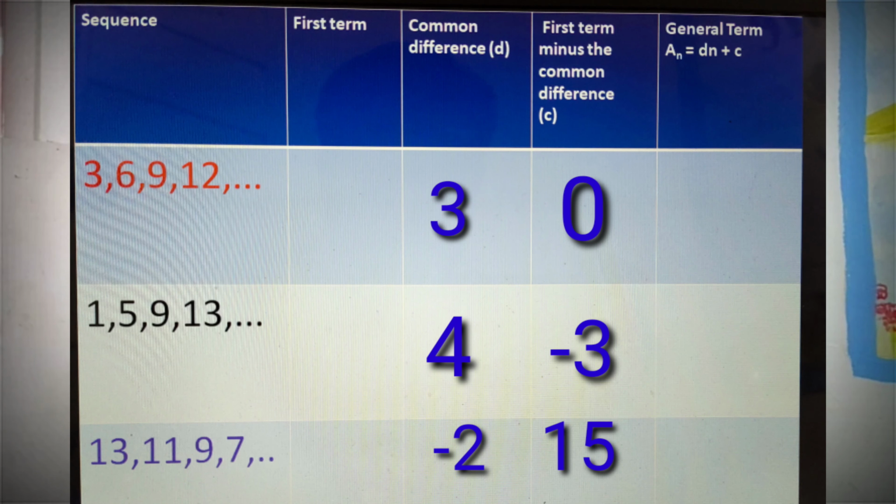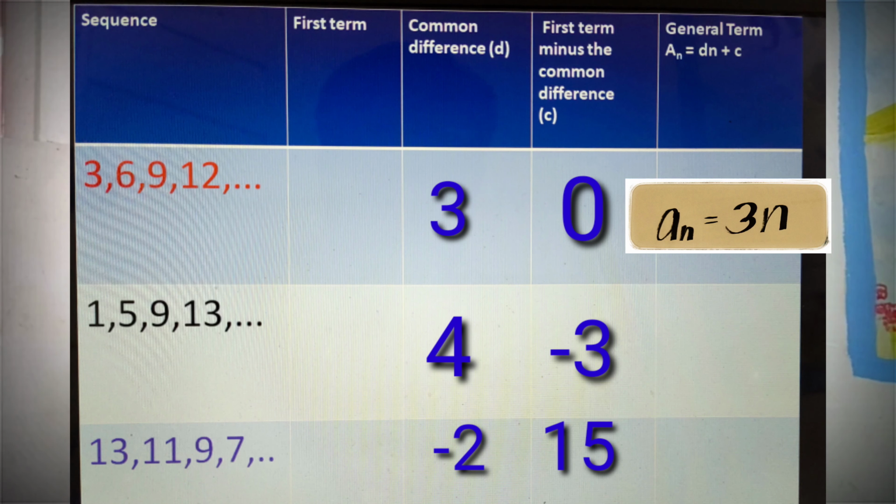Number 1, d equals 3 and c equals 0. So, substitute lang natin. So, we have a sub n equals 3n plus 0, or simply a sub n equals 3n. Okay, kasi wala na yung 0. Number 2, d is 4 and c equals negative 3.